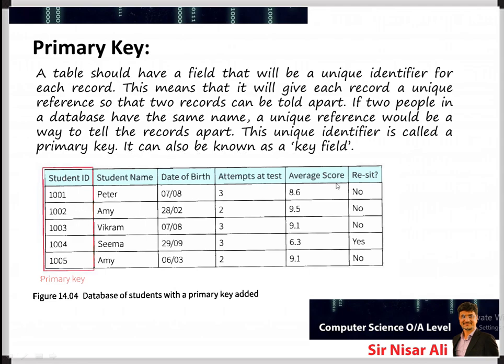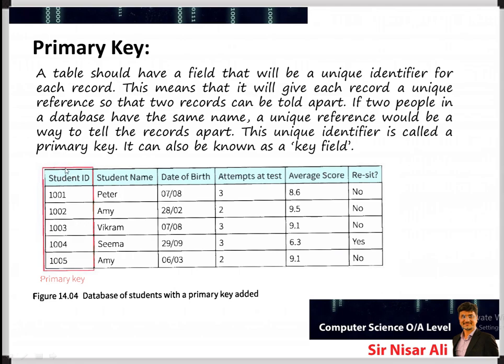You can see in this table student name, date of birth, attempts at test, average score, reset. We will add a student ID, and the ID is different in each row: 101, 102, 103, 104, 105. The student names can be the same, date of birth can be the same, number of tests can be the same, average score and reset option can be the same, but the only data which will be unique is the student ID, and this is the key feature of the primary key.